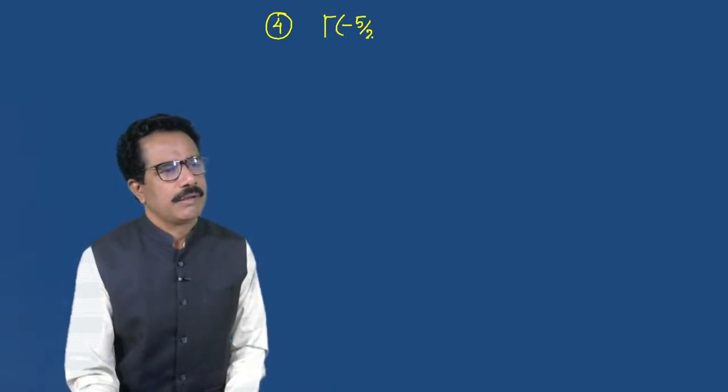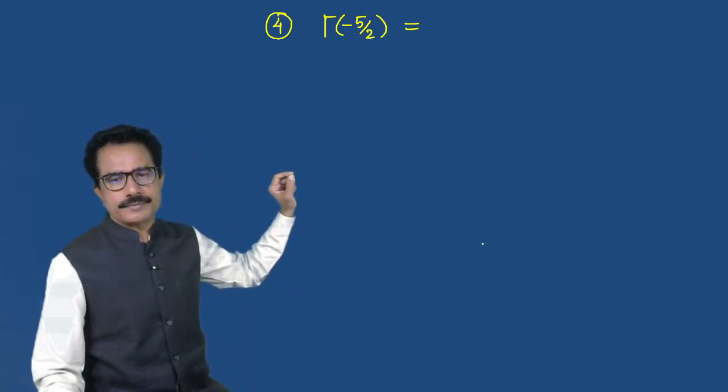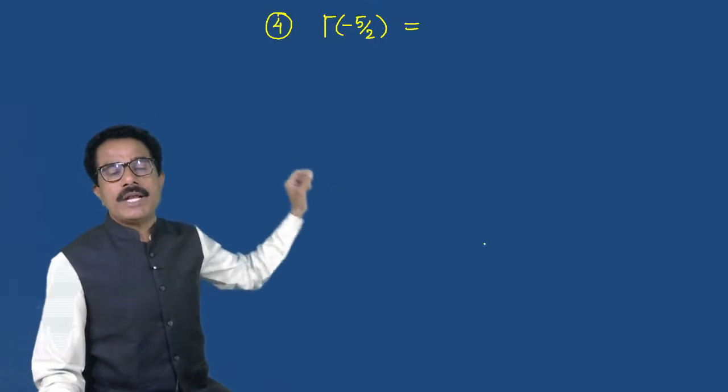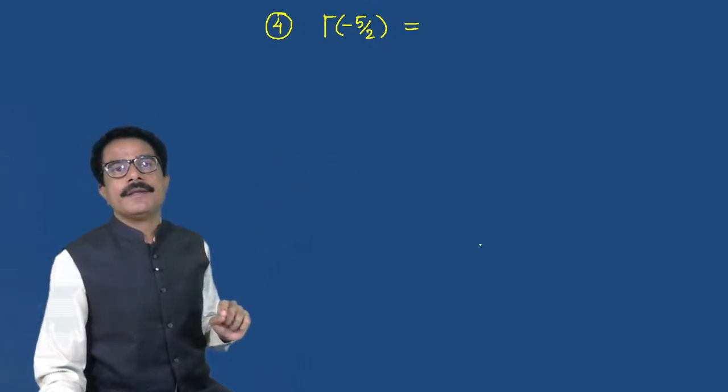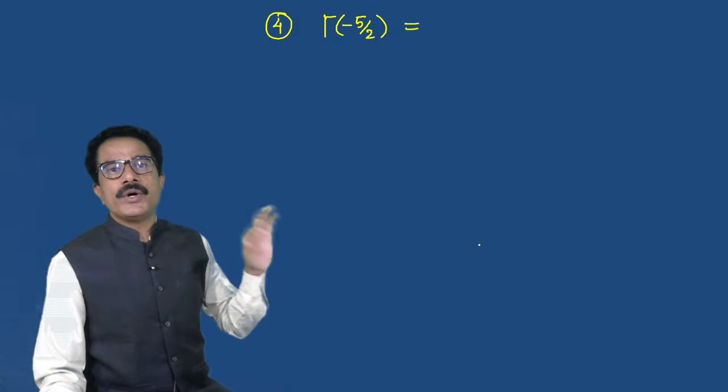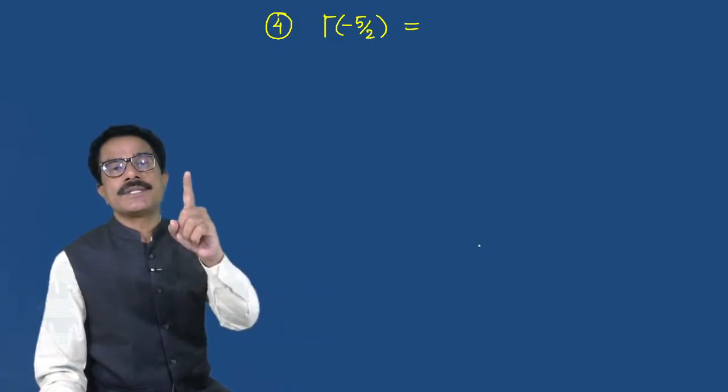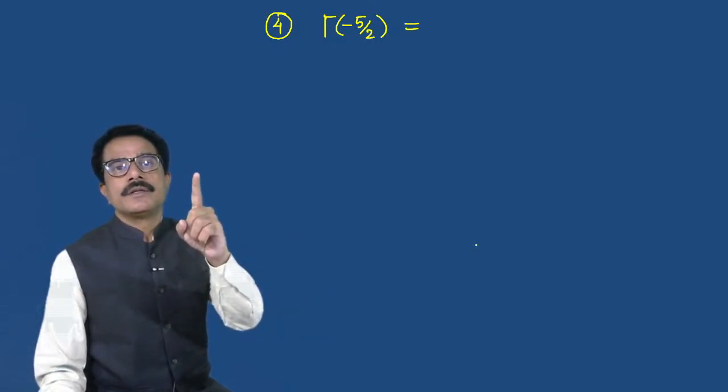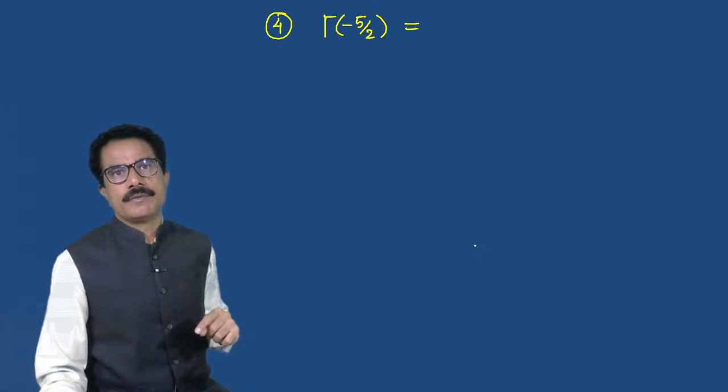Also we can find the gamma of minus 5/2. We can find the value of gamma which is positive or negative, but it must be a non-integer value.